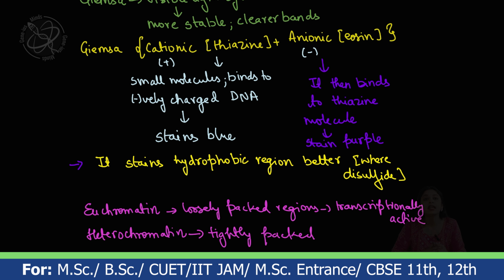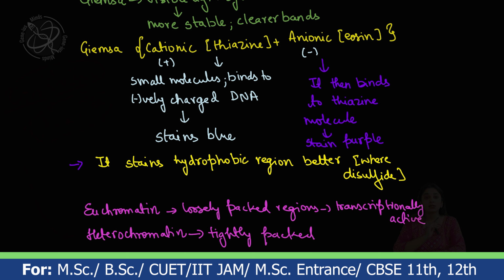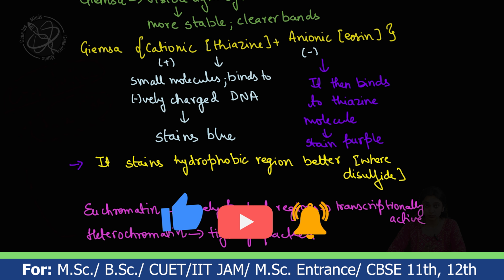So that's what is known as heterochromatin. This heterochromatin is further divided into constitutive and facultative regions. In my upcoming videos, we will be using these constitutive as well as facultative terms also.